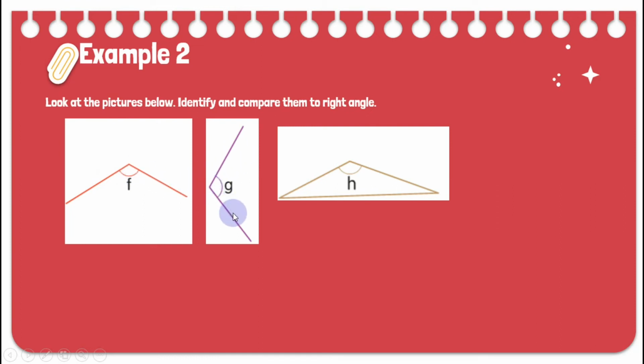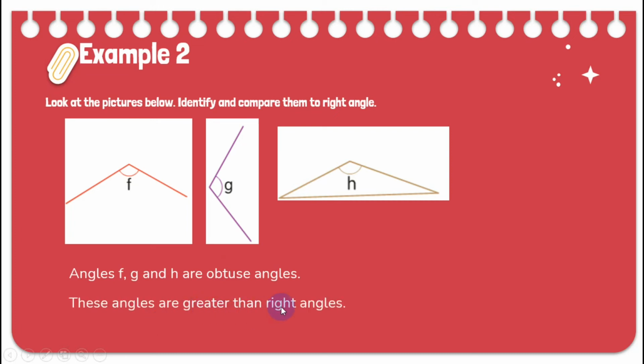Greater than a right angle and greater than a right angle. Angles F, G, and H are obtuse angles because they are greater than right angles.